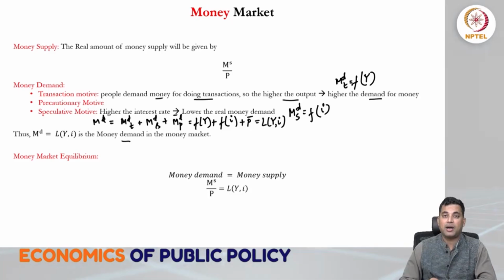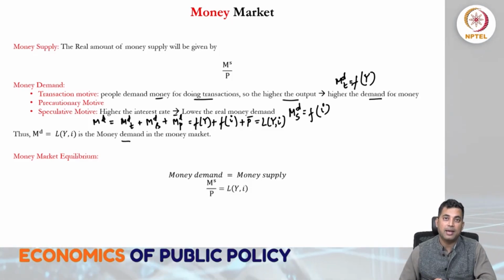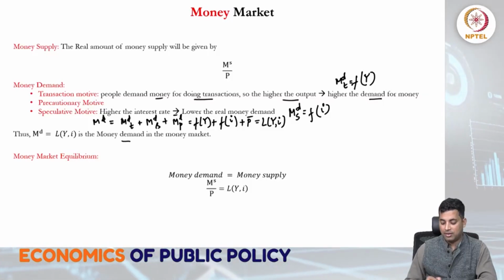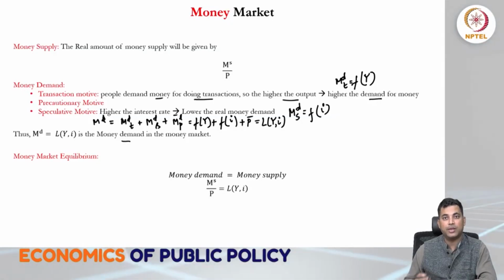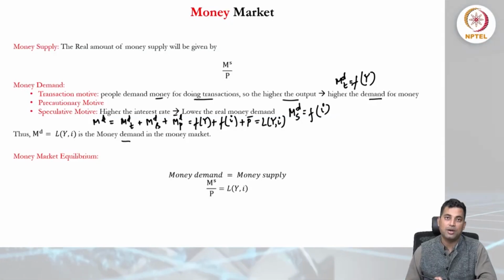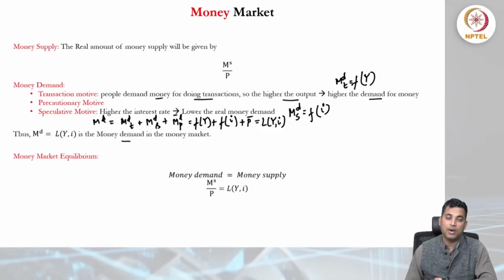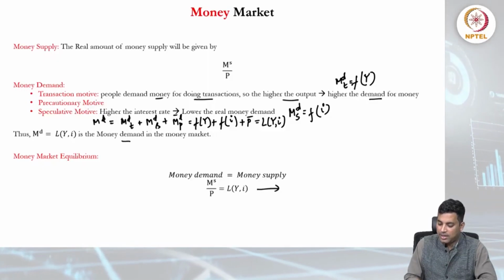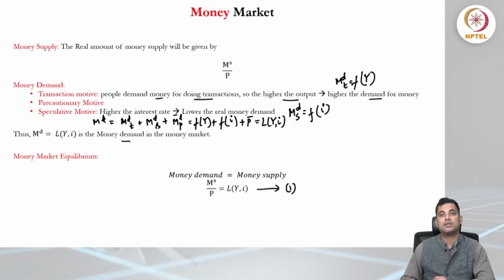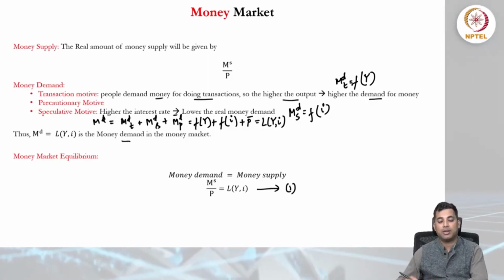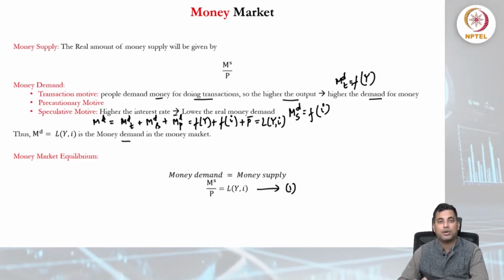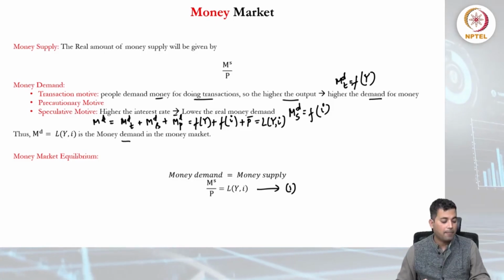Here money supply, as we already know, is the real money supply, which is MS by P, equals L. L is a liquidity function, which depends on Y and i. Y is transaction, the total output, and i is the rate of interest. We can give this as equation 1, the grand equation for the money market. So this is what the money market looks like.